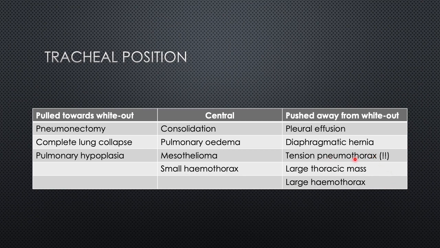Now, talking about pressure, I've mentioned here tension pneumothorax, but that should be a clinical diagnosis, and so you shouldn't actually be getting a chest x-ray showing a tension pneumothorax unless it was done for some other reason, and that happens to be an incidental finding of sorts, or it's already been managed and it's resolving. But again, you wouldn't see that very well on chest imaging if it is resolving.